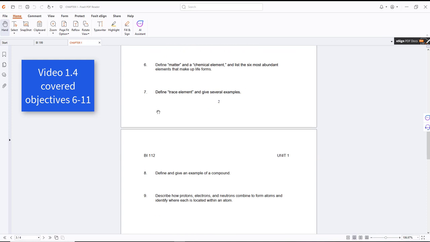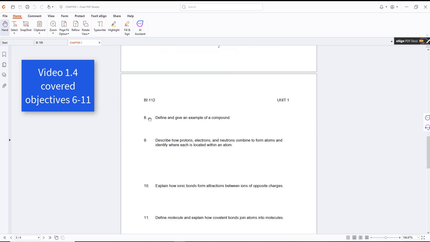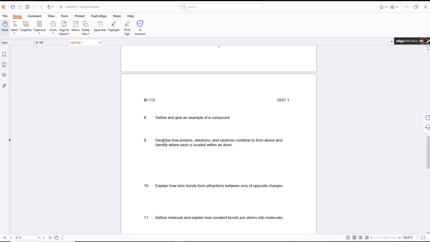Number 7, define trace element, give several examples.